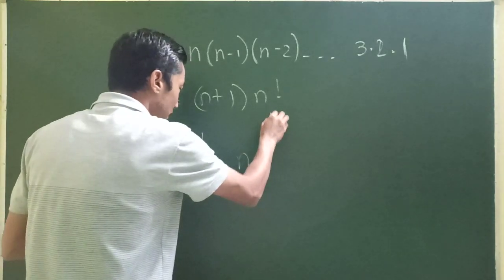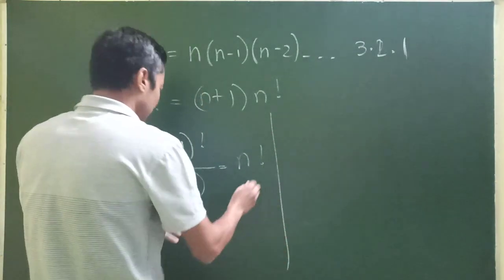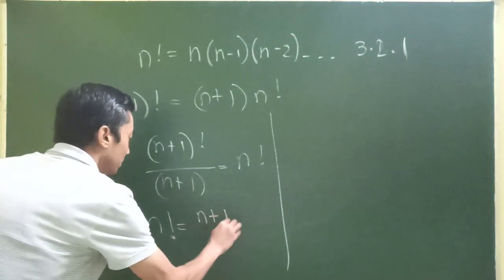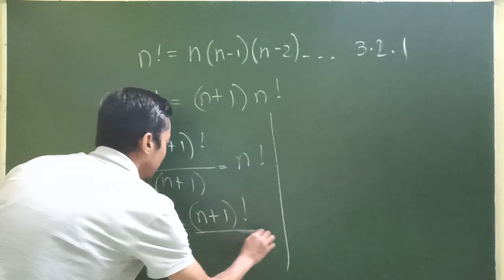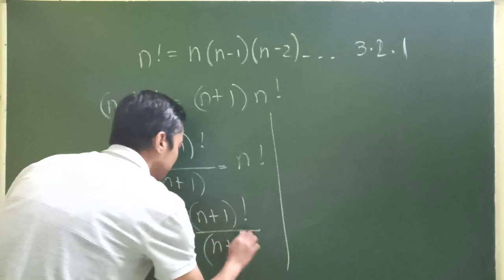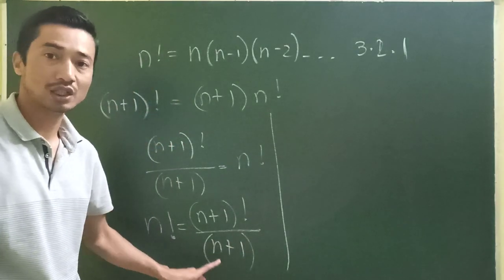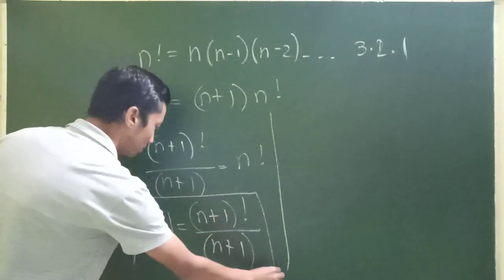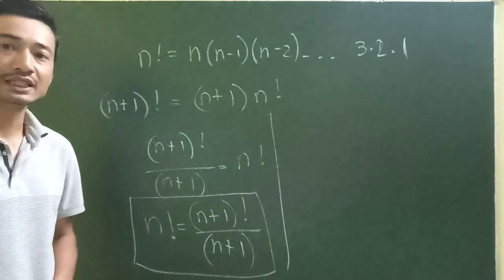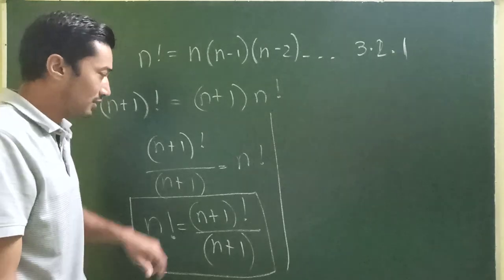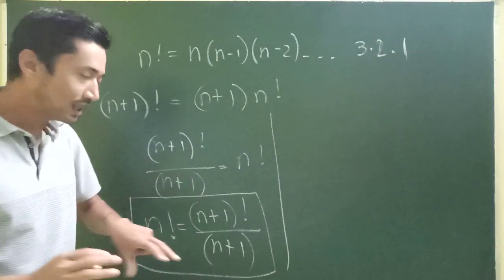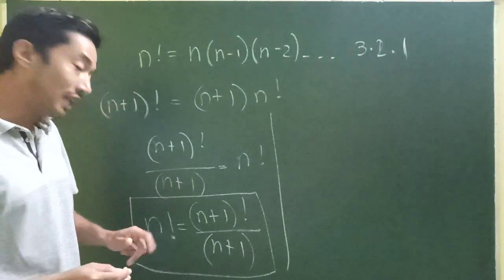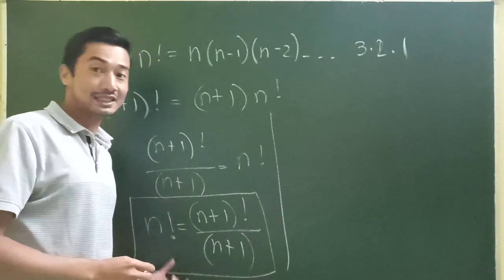In other words, I'll rearrange that: n factorial will be n plus 1 factorial divided by n plus 1. This will be holding the key to explaining why 0 factorial is 1.